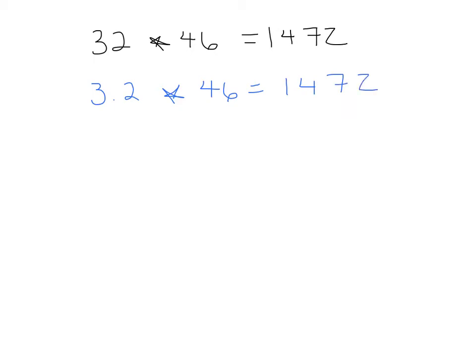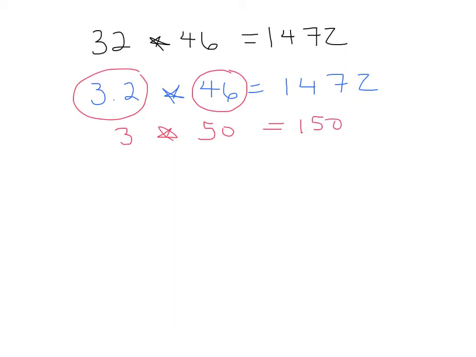But this is what I'm going to ask myself, what makes sense? So we're going back to the estimating skills we've been working on too. 3.2 is about 3. 46 is about 50. I would expect my answer to be 3 times 50 is 150.